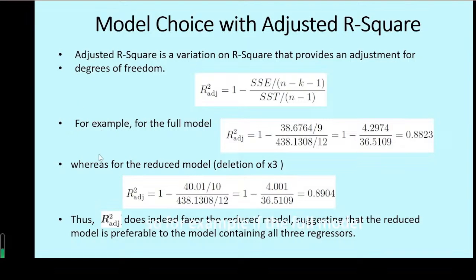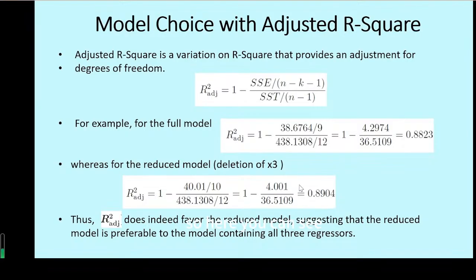For example, for the full model with 3 independent variables, we get an adjusted R-square of 0.8823. But if we remove one variable, here the deletion of x3, then the reduced model's adjusted R-square is 0.8904.